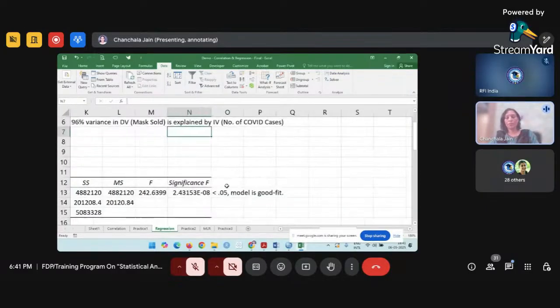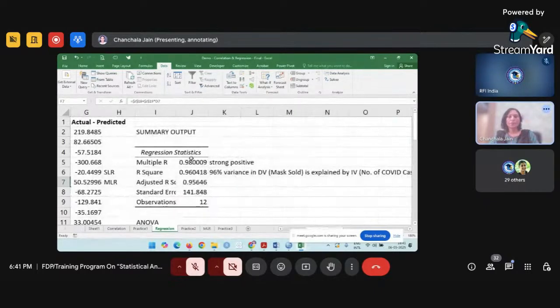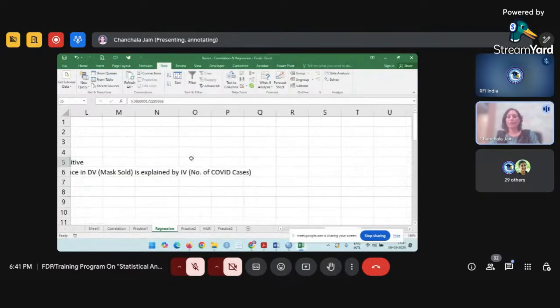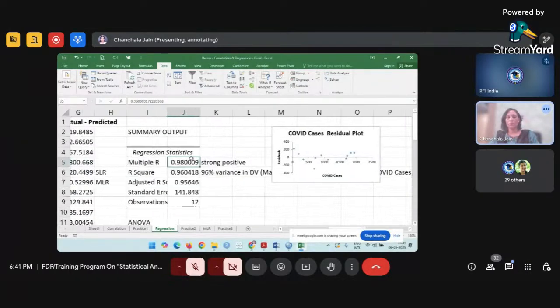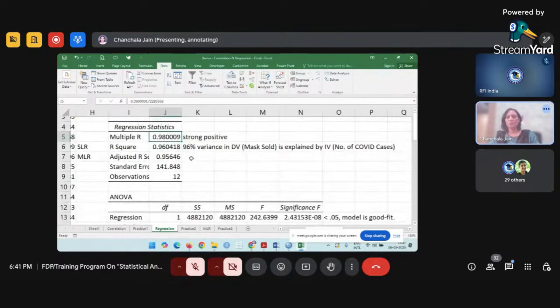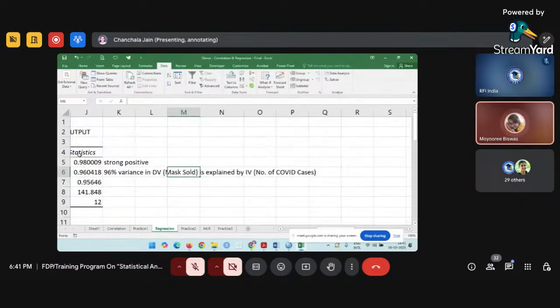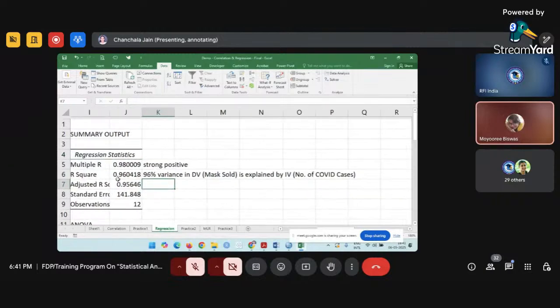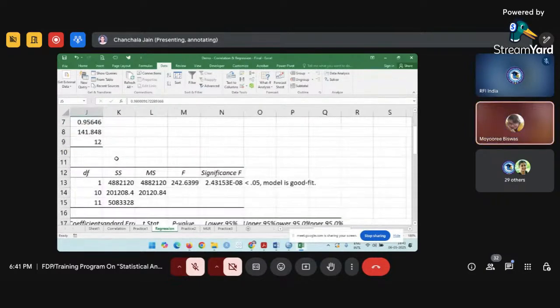Where is it, how can I tell you that? What happened? Sometimes it behaves like this only. Ma'am, I thought it goes behind your table. That's why it shows like that. In your case, it is visible.